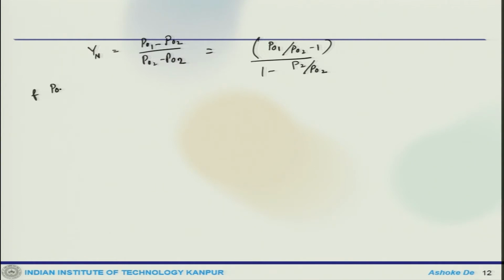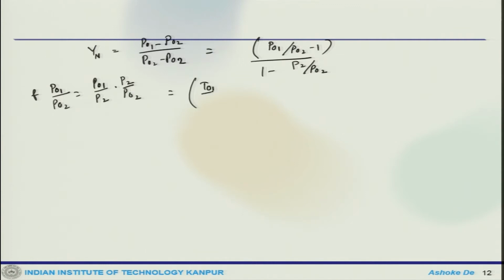We can look at this y n, which is p naught 1 minus p naught 2, and this is the ratio. So, one can write that p naught 1 by p naught 2 minus 1, divided by 1 minus p 2 by p naught 2, and p naught 1 by p naught 2 is p naught 1 by p 2 into p 2 by p naught 2.